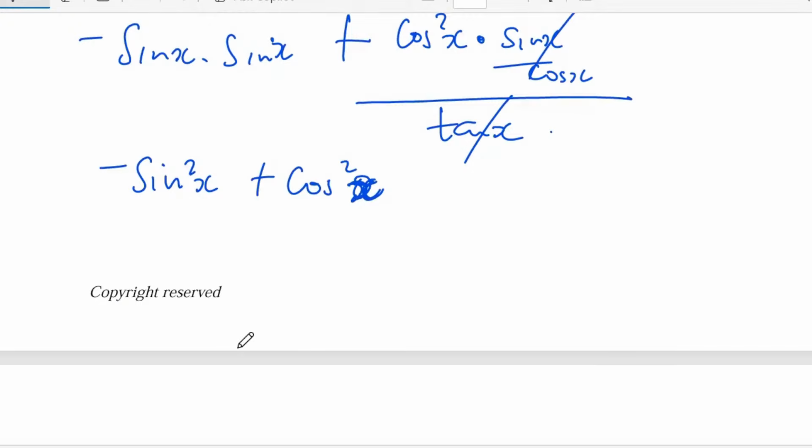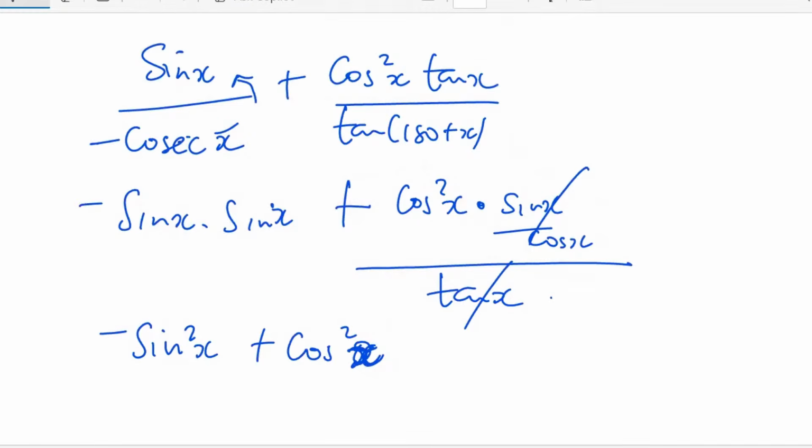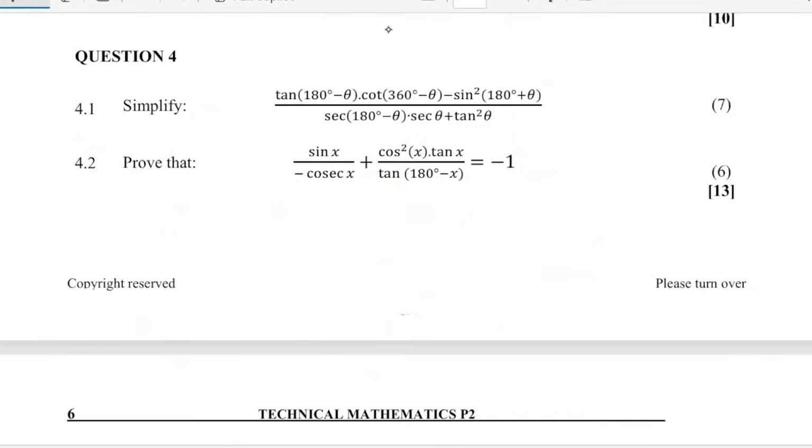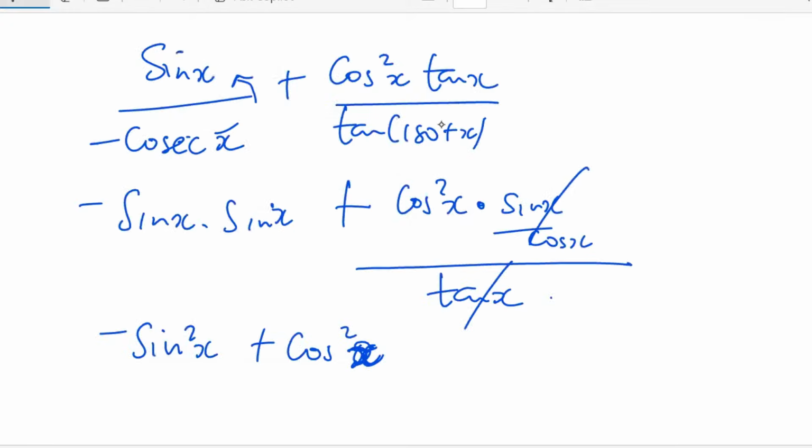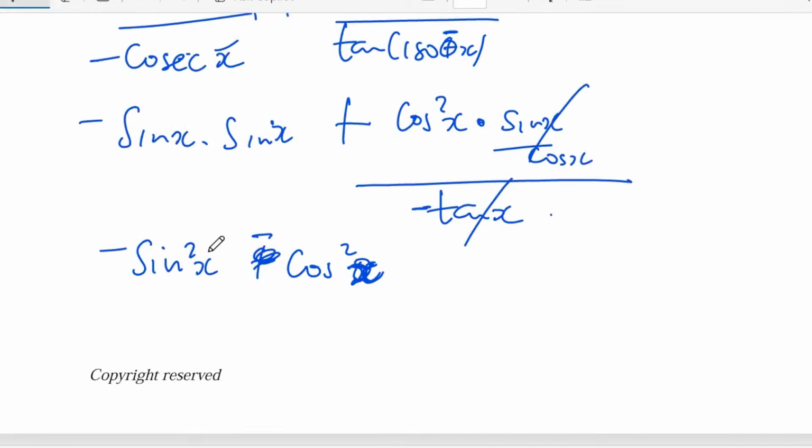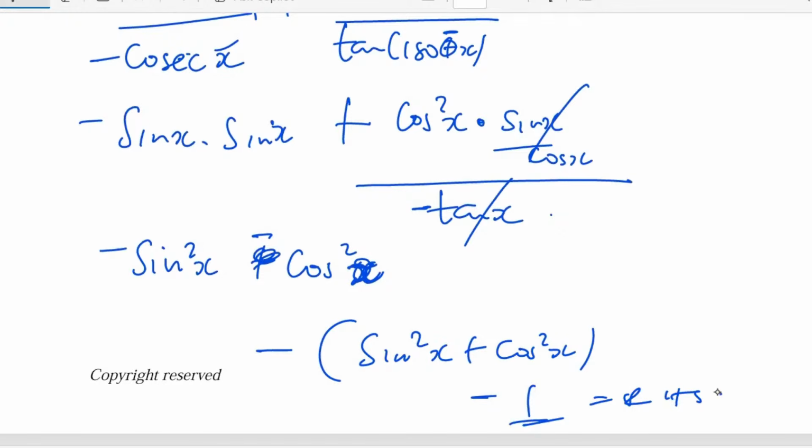Does it? It doesn't make sense. We said cos squared times tan x. This is tan minus, not plus. Meaning that this is a negative, then this should be negative. Yeah, then it should make sense. So take out the negative, we're going to be left with sine squared x plus the cos squared x, which is 1, giving negative 1, which is equal to the right-hand side.